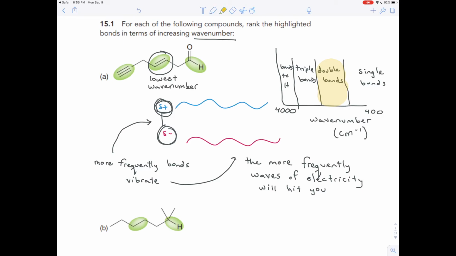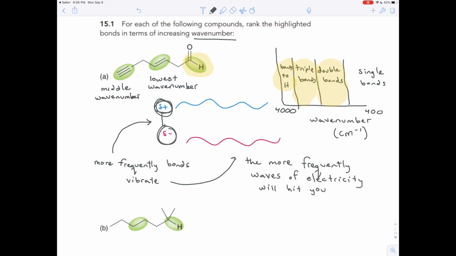The next higher wave number would be the triple bond. So this would have the middle wave number. In other words, this would vibrate with a middle frequency compared to the other two highlighted bonds in green. And finally, you have the bond to hydrogen, this one right here.